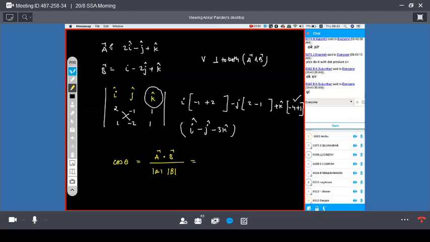So dot product, if I have to perform between them, 2 into 1 plus 2 plus 1 divided by square root 456 square root 456. So answer is 5 by 6. Cos theta equal to 5 by 6. Theta is equal to cos inverse 5 by 6. Got it?